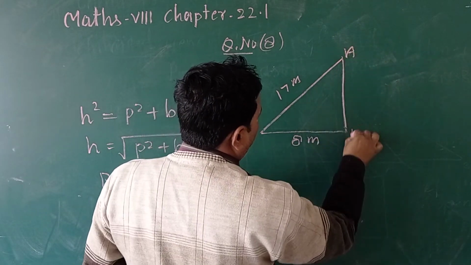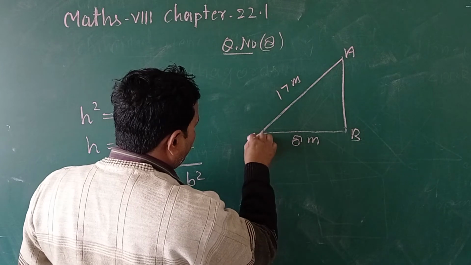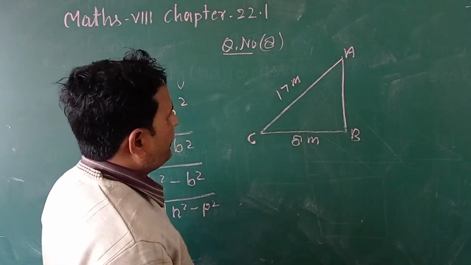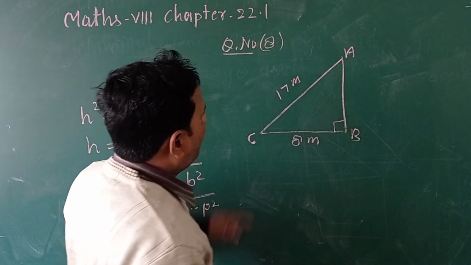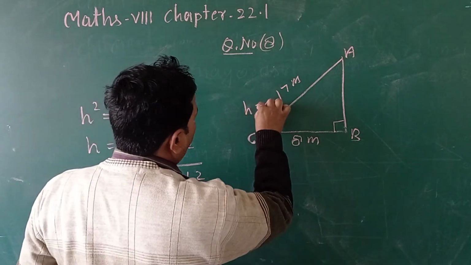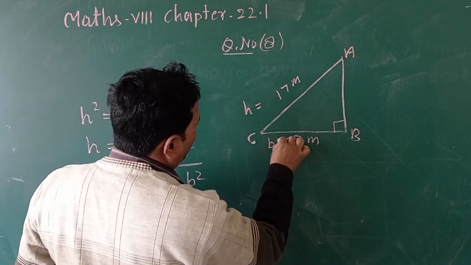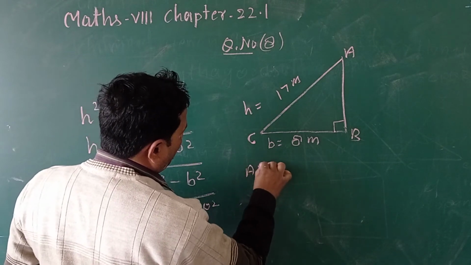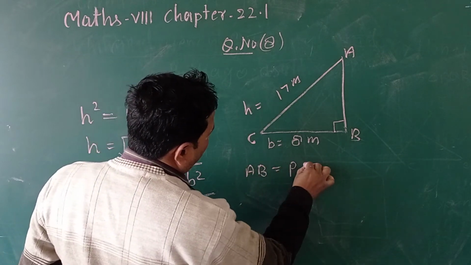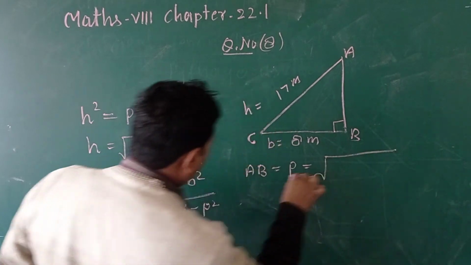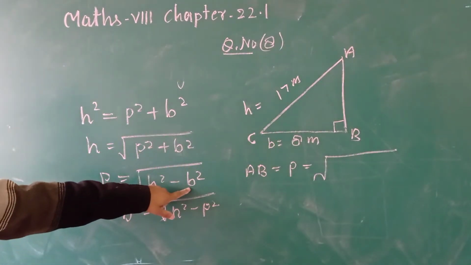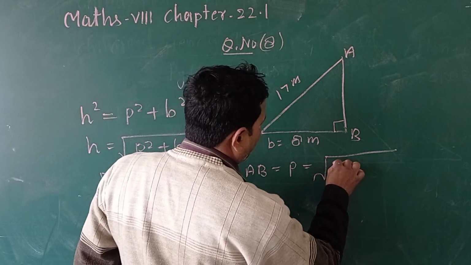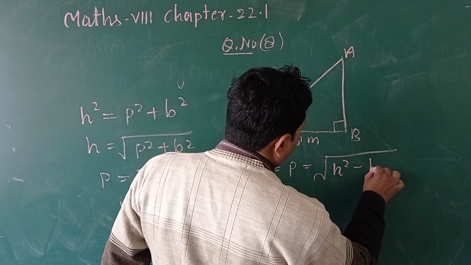Suppose AB is the wall, C is the foot of the ladder. See that 90 degree, hypotenuse given, base already given. You have to find perpendicular. Means AB, P is equal to under root H square minus B square.